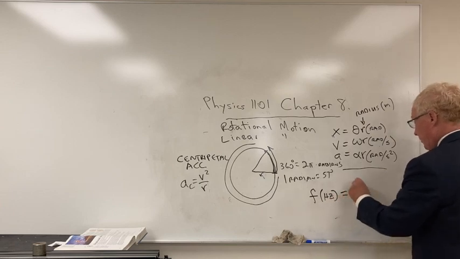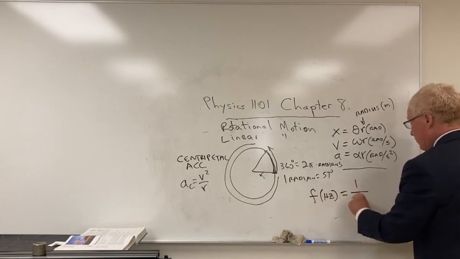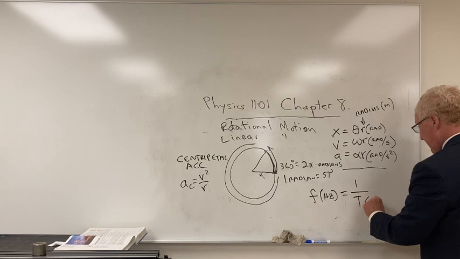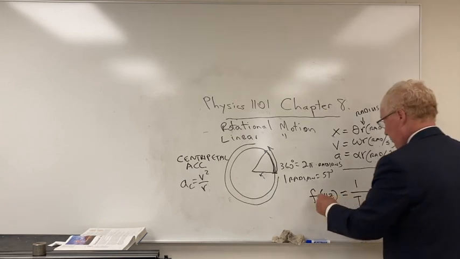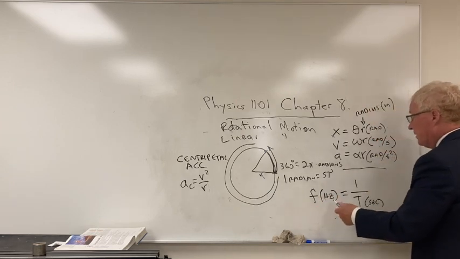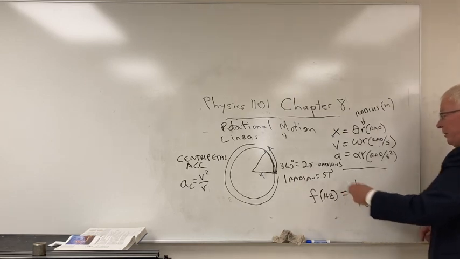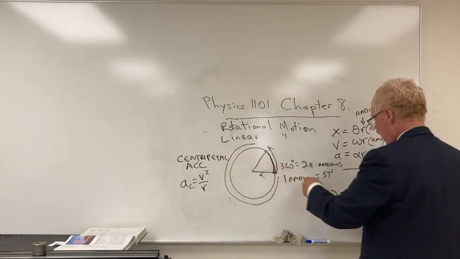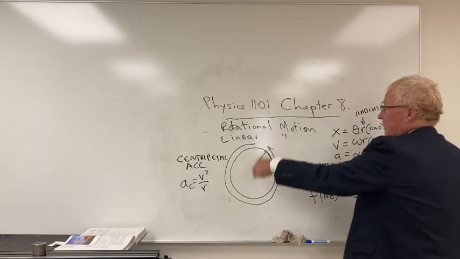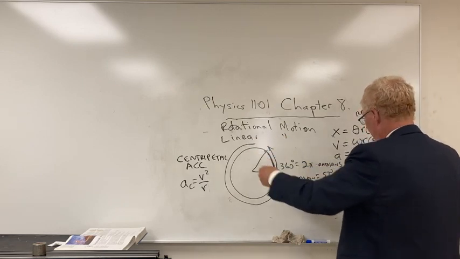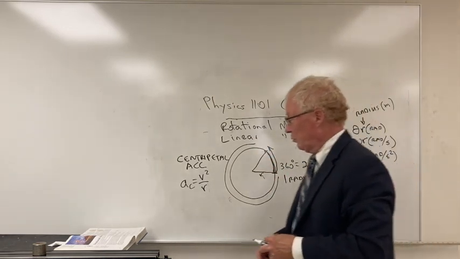And the reciprocal of that is period, which is in seconds. So there's a relationship between the period, or how long it takes to go one time around, and the frequency, which is how many times it goes around per second. So that's what else we'll be introducing.